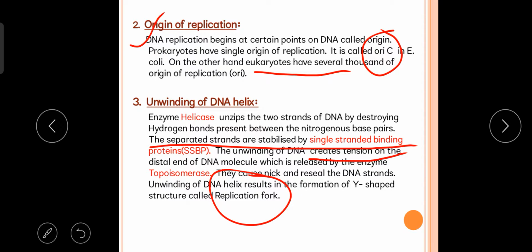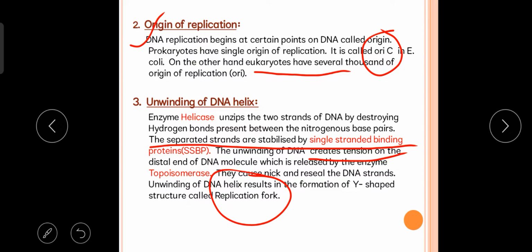Remember, this is a very important question. What is the replication fork? The replication fork is the structure of the DNA helix after separation of the two strands of DNA with the breakdown of hydrogen bonds present between the nitrogen base pairs.